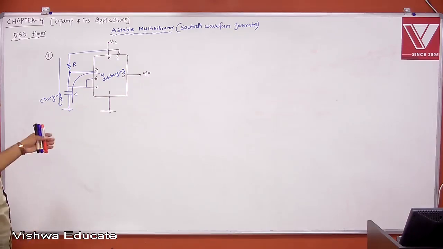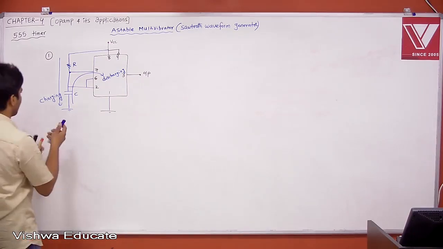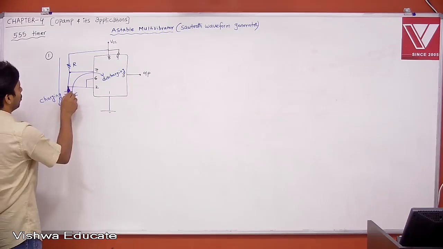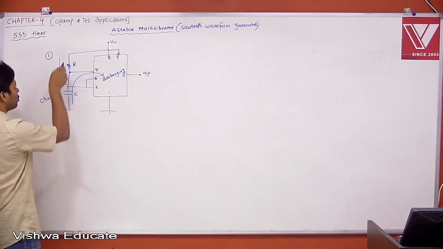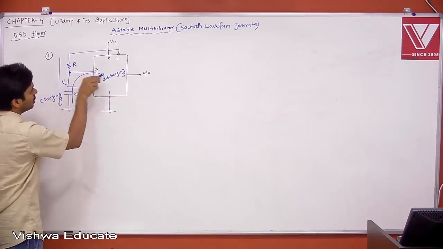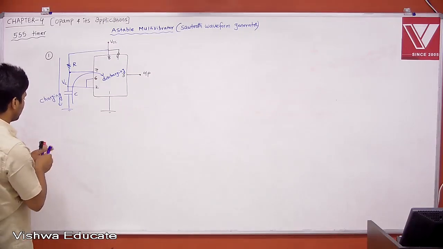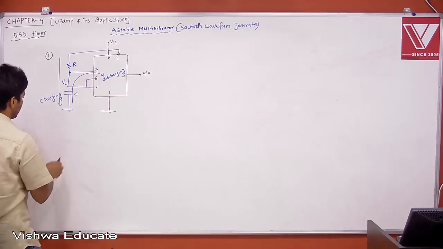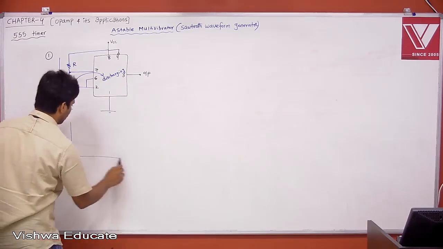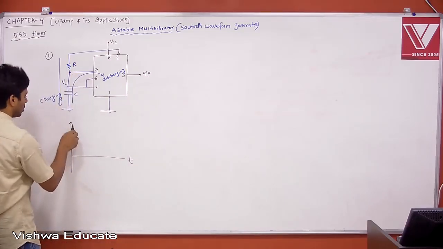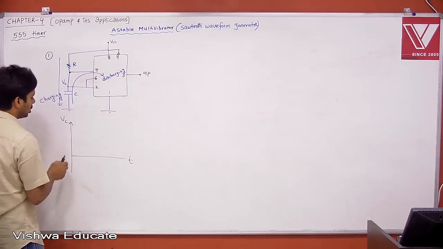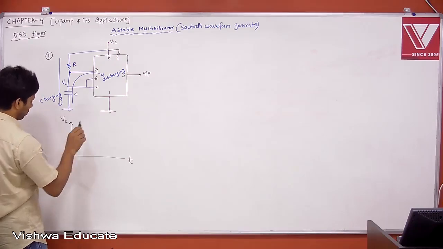Now, how to get it? If you see the voltage across the capacitor, this is nothing but the voltage across the capacitor. Charging through R, discharging through the transistor on resistance, which is minimum. If you ask me what is VC, it is only the voltage across the capacitor. I don't bother about anything else. Initially it is charging, that is fine.